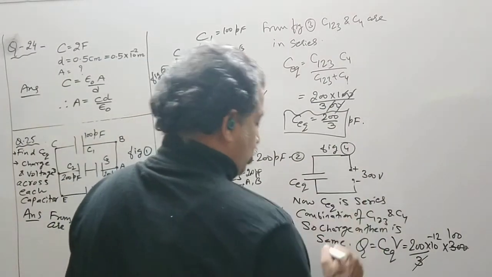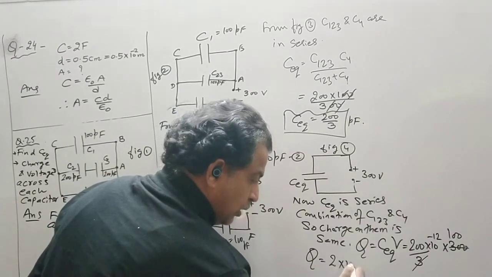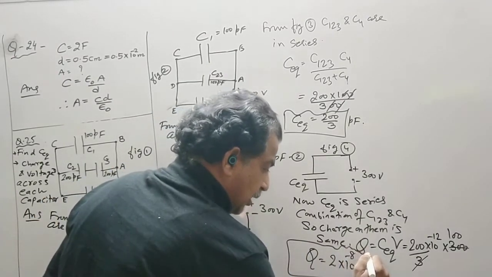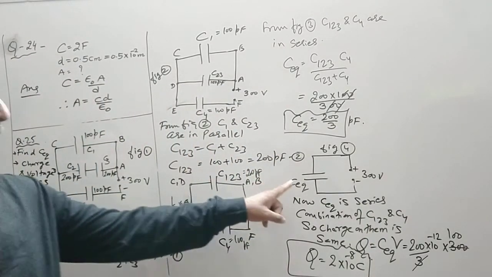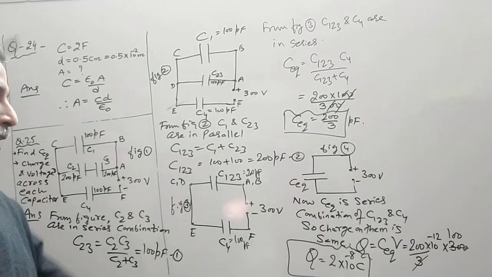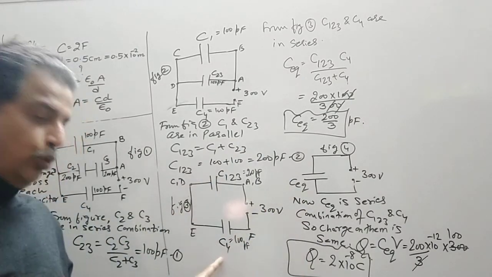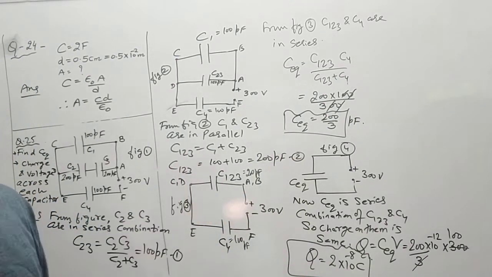So total Q comes out to be 2 into 10 raised to minus 8 coulomb. So this is the total charge deposited on C equivalent. And now since it is a series combination, Q4 will be 2 into 10 raised to minus 8, as well C123 is also 2 into 10 raised to minus 8 coulomb.